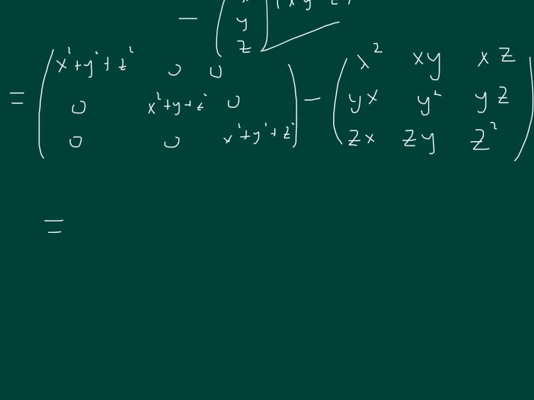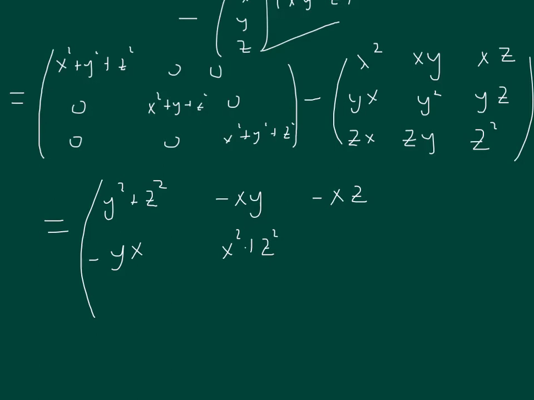And so that's going to be equal to, because the x squared cancels out on the first component, y squared plus z squared, negative xy, negative xz, negative yx, and then x squared plus z squared, negative yz, negative zx, negative zy, x squared plus y squared.